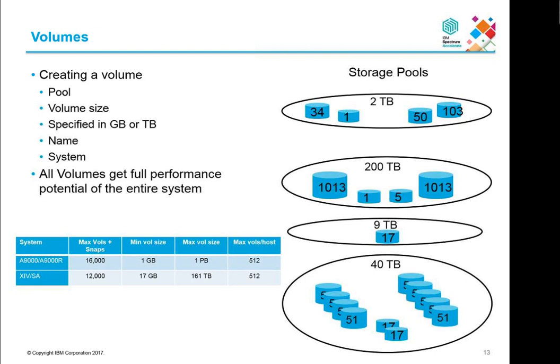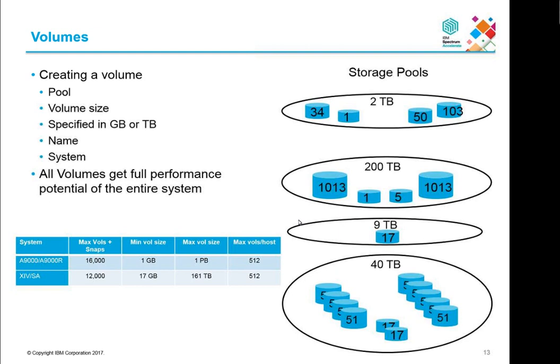Now, there are some differences, right? On XIV, because this is basically based on the same code, but it's not the same code, I have what I call an allocation unit of 17 gigs. So all my pools and all my volumes are created on 17 gig units, and that's based on a 1 megabyte partition size.